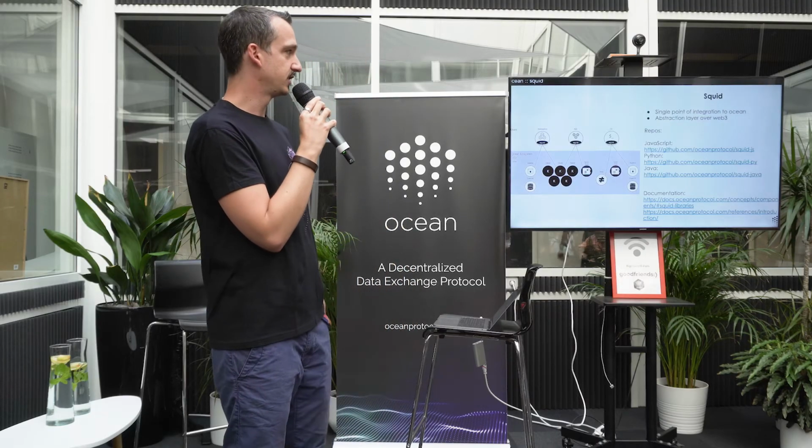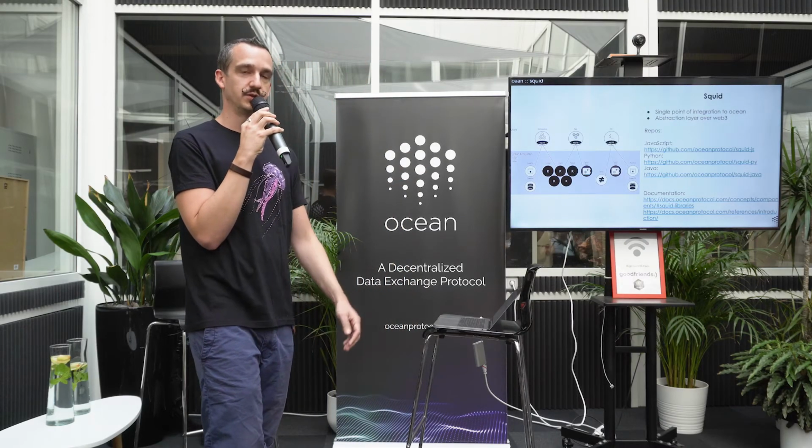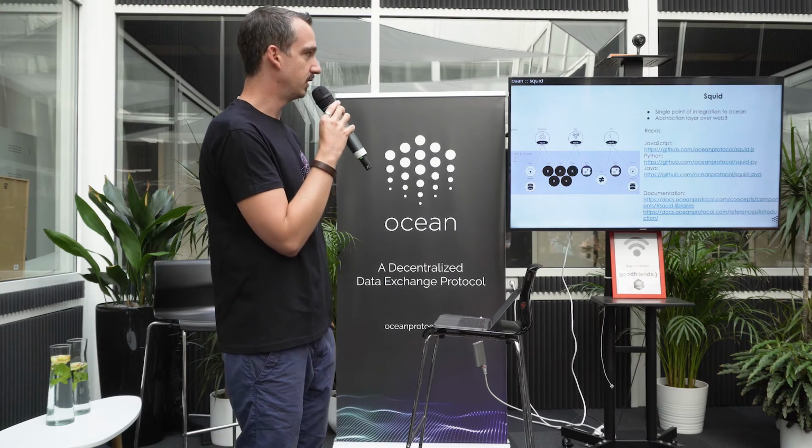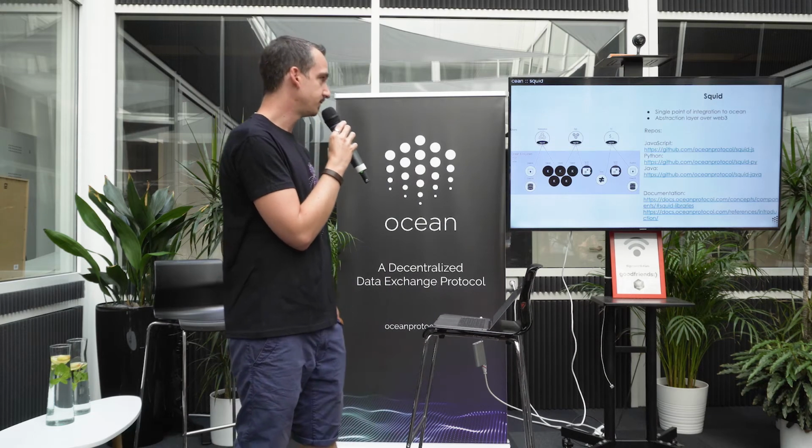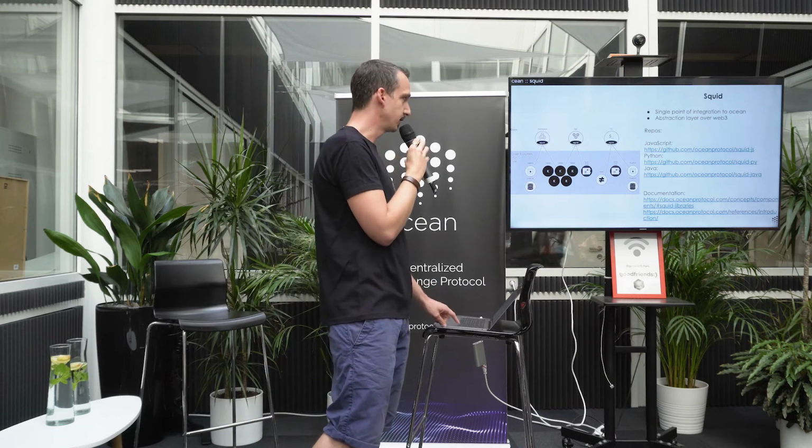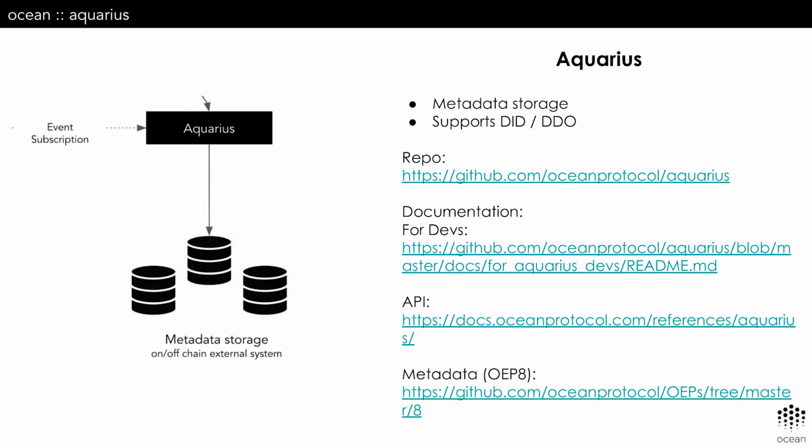And we have a CLI based on the Squid library. We have front ends built on the Squid library, and this is the single point of contact. So if you want to do something lower level, not really low level, but lower level, use the Squid libraries. Again, JavaScript, Python, and Java.